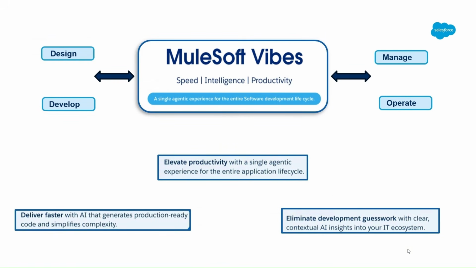Okay. So now it's time to introduce you to MuleSoft Vibes. MuleSoft Vibes, or MuleSoft Dev Agent, is a purpose-built assistant for the development lifecycle, and it is available directly in Anypoint Code Builder. It enables you to build, deploy, and manage your projects using natural language prompts. It integrates with the MuleSoft MCP server, which provides a set of agentic tools that connect the MuleSoft Dev Agent directly to your MuleSoft environment.